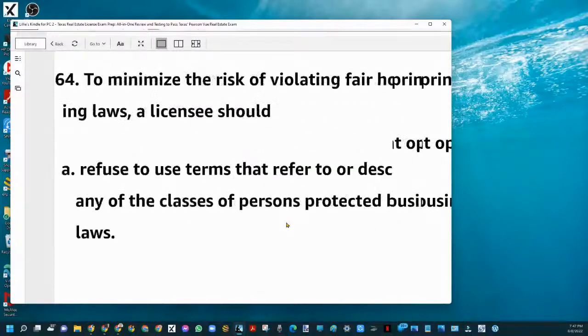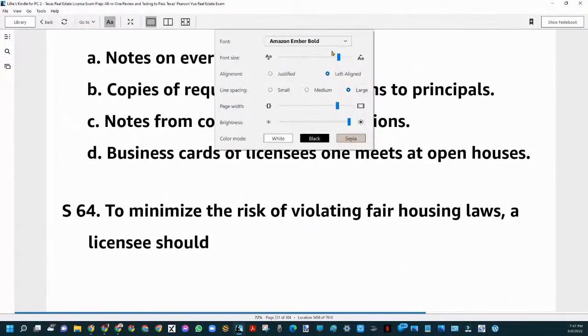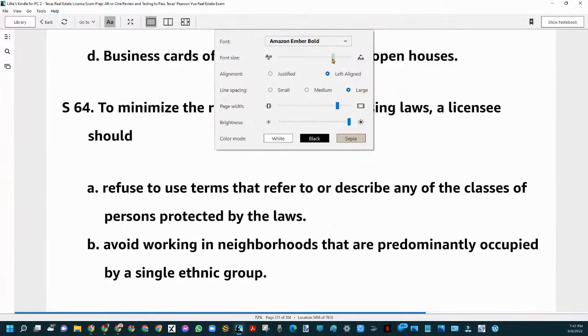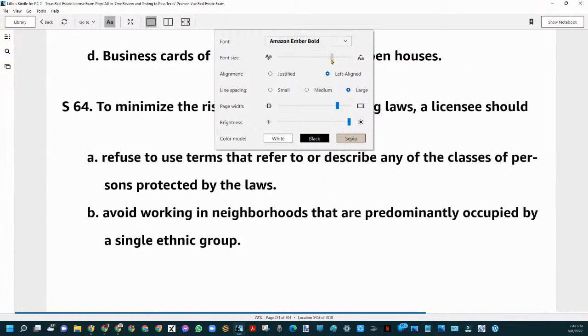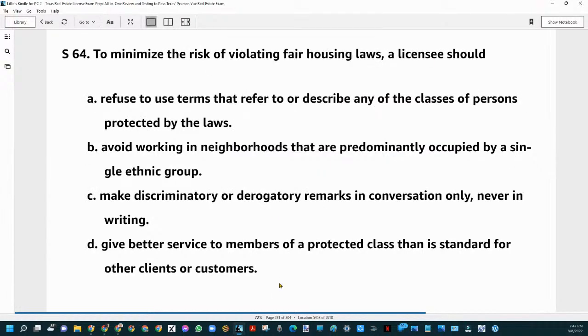We're getting there. Okay, I'm trying to get all of 64 on one screen. Gonna have to be smaller. Okay, there we go. Number 64.